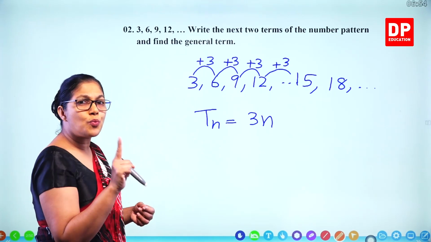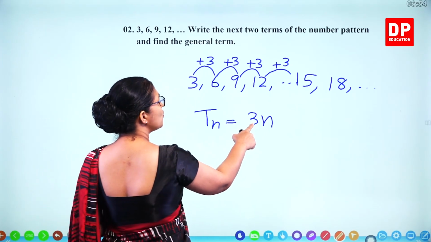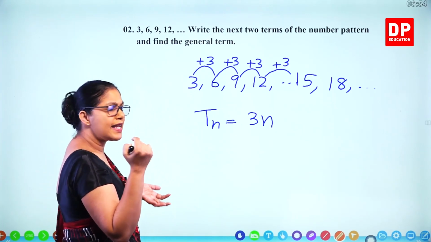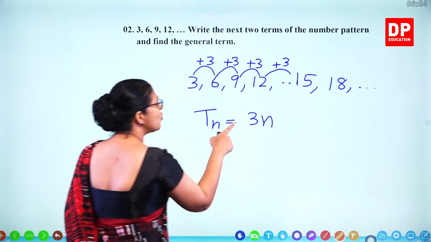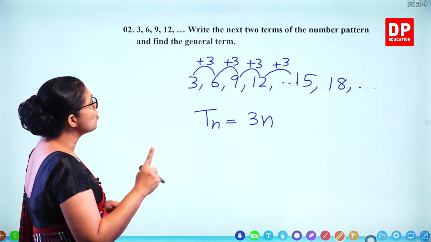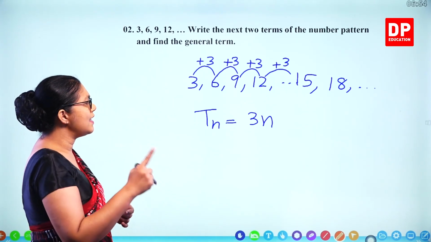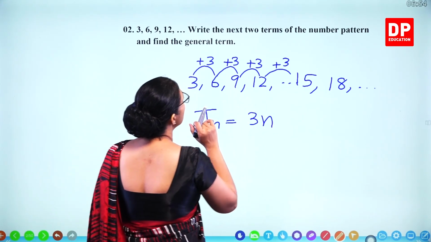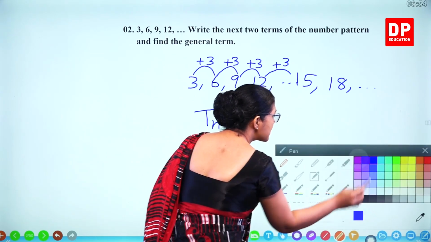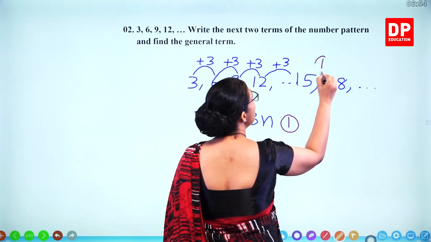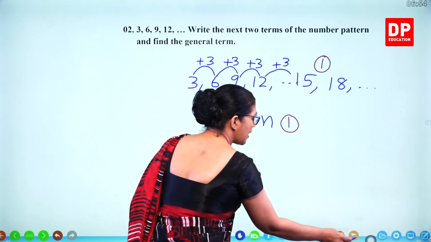When n equals 1, 3 times 1 is 3. So you get the first term without adding any constant. So the general term becomes 3n. When n equals 2, 2 times 3, 6. n equals 3, 3 times 3, 9. So the general term is this one. You get 2 marks: 1 mark for the general term and 1 mark for writing down the next 2 terms.